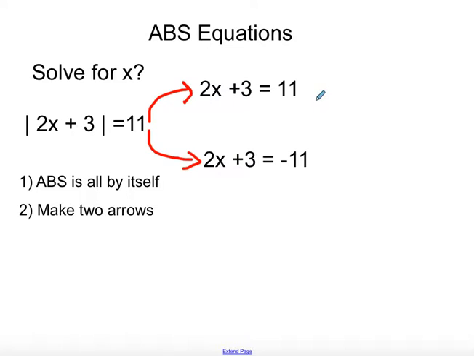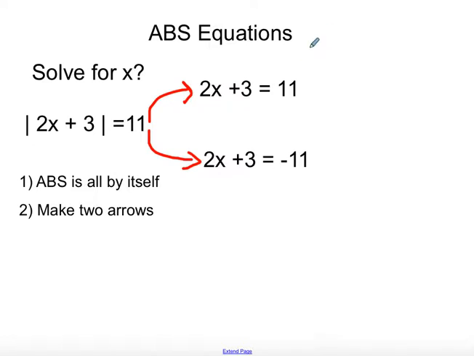Okay, so in order to get rid of absolute value, I'm repeating this because it's a highlight of solving an absolute value equation. It's really important. In order to get rid of the absolute value, you have to make two arrows, and you rewrite the equation once with positive 11 and another time with the negative 11.